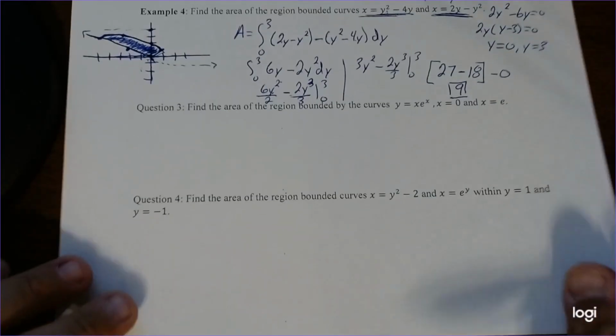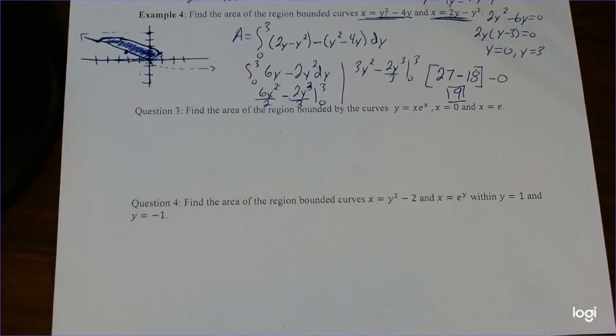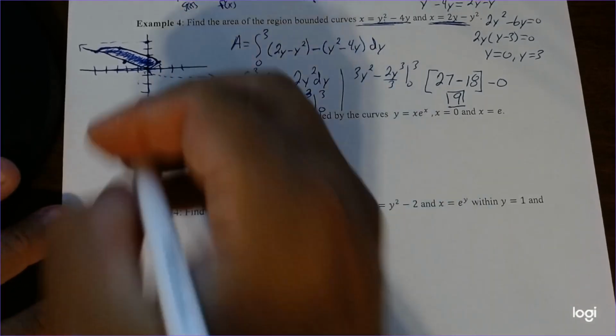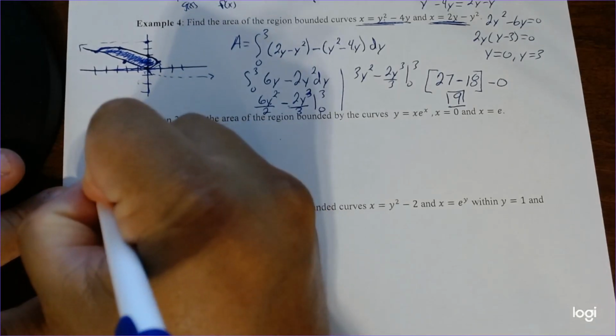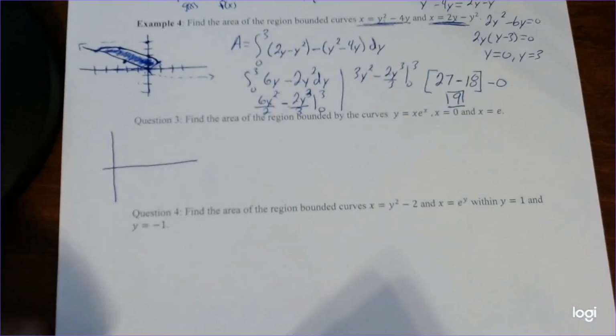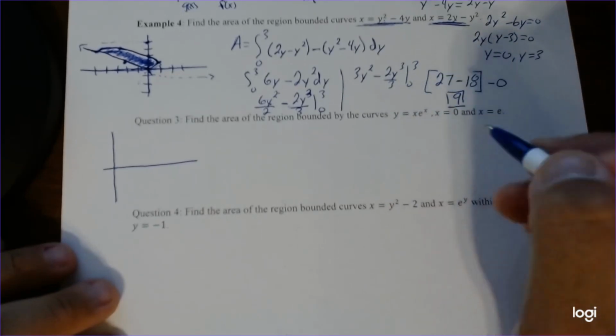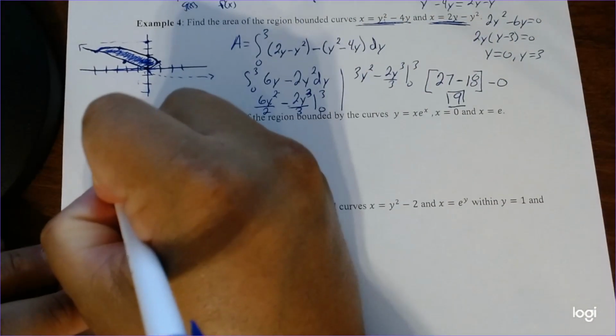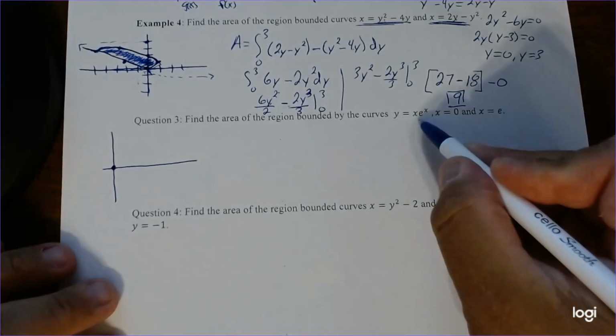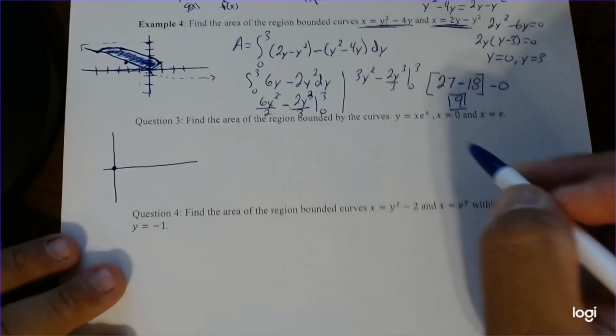Couple more. Find the area of the region bounded by the curves y equals x e to the x and x equals 0 and x equals e itself. Ooh, okay, let's see what's going on here. All right, let's graph the curve. If x equals 0, we get 0. If x equals 1, we get e.